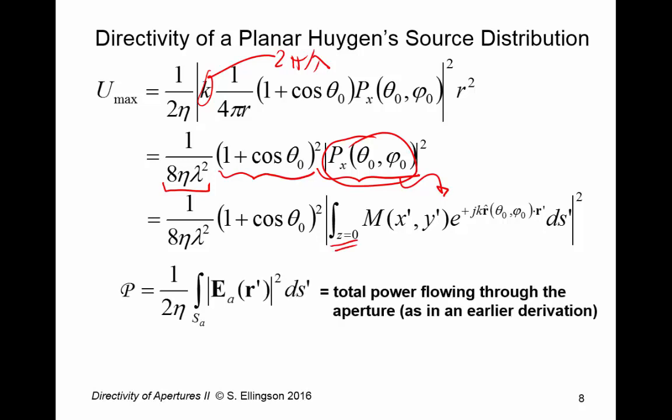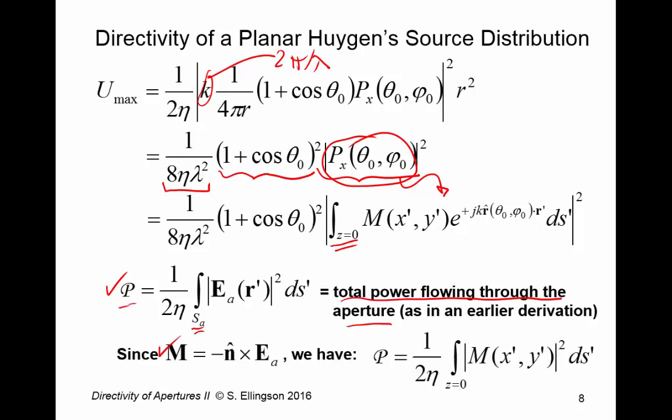Now also, remember that power, total power, is simply total power flowing through the aperture. In other words, we can compute total power from the antenna in any number of ways, just as long as we capture all the power. For an aperture, we know all the power must come through the aperture, so it's sufficient to integrate the electric field over just the aperture in order to capture all the power.